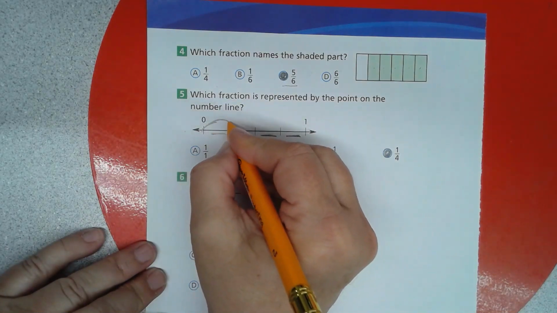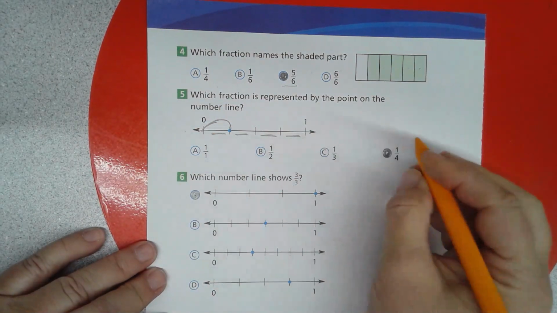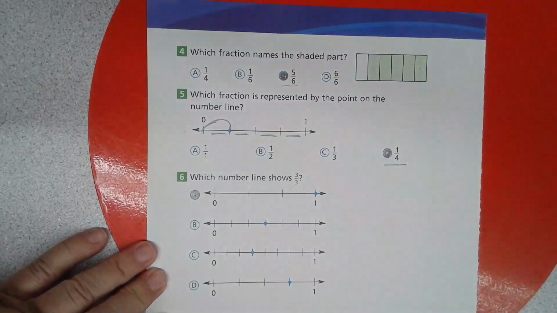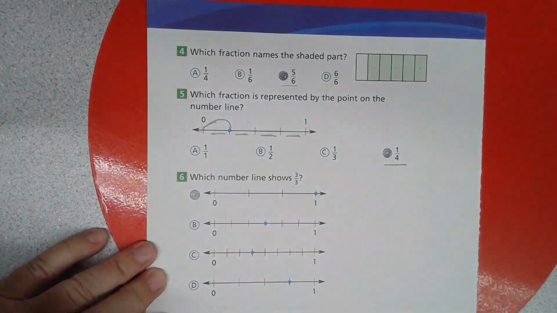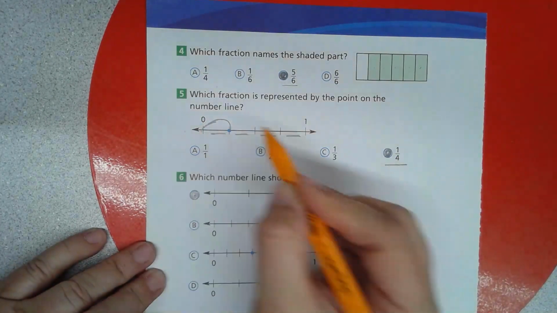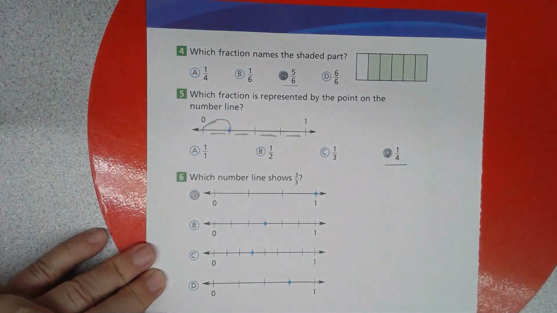And you're hopping one of those 4 sections, so 1/4 is your answer. Okay? 4 sections, denominator. You're hopping over to one section, 1 is your numerator.